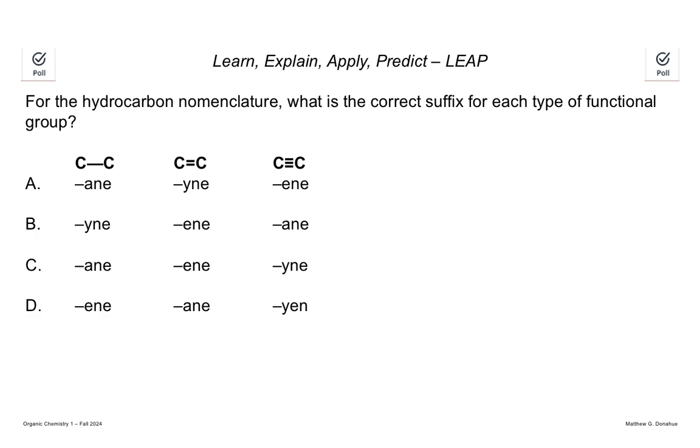So for the carbon-carbon bond shown, what suffix should be used in naming them? So we have a sigma bond, sigma plus pi, sigma plus pi plus pi.